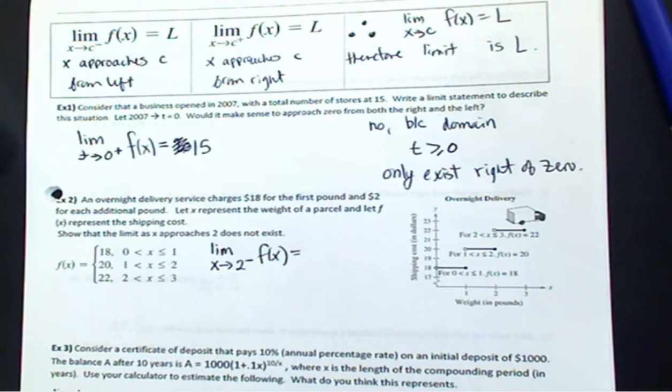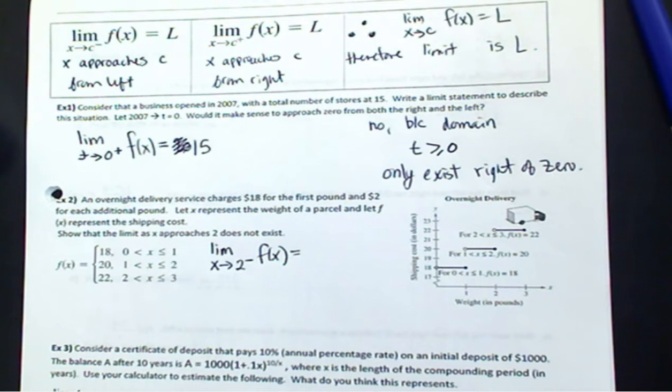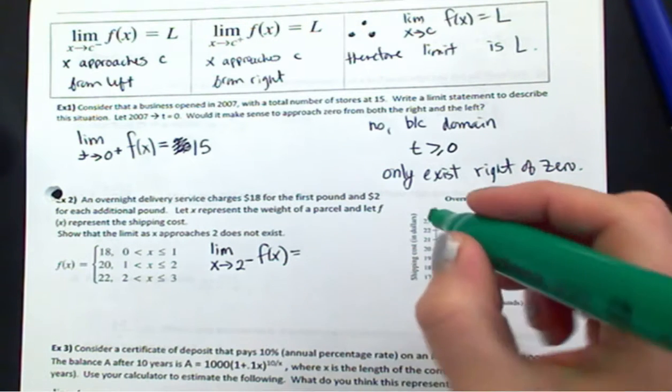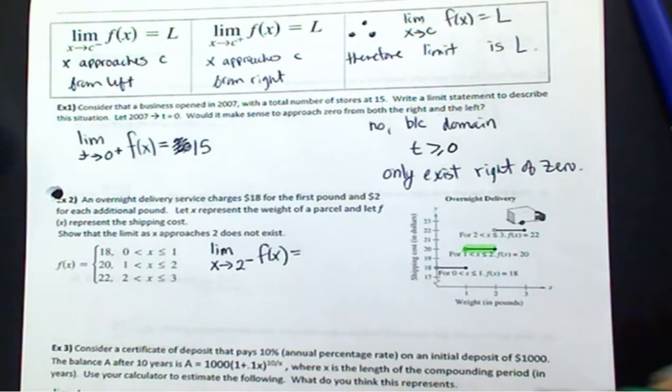Don't yell it. We have 1, 2, 3 steps. Which portion should I highlight to look at 2 from the left? Kelly? The middle portion. Yes.